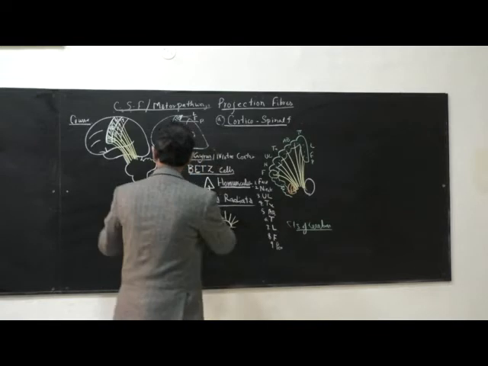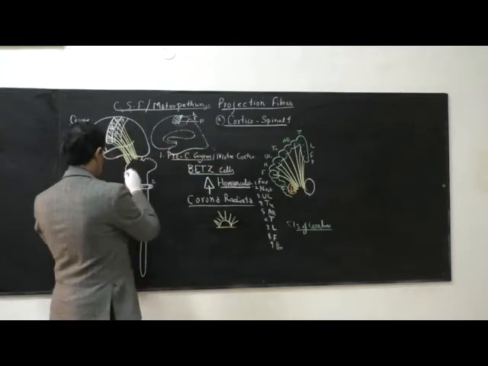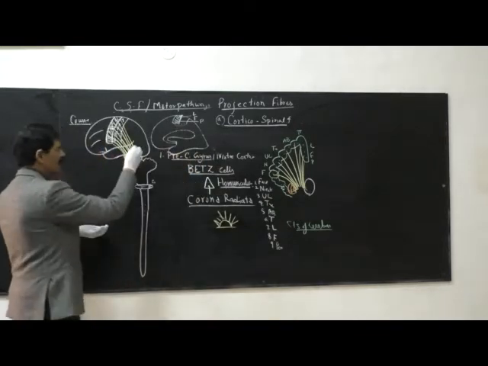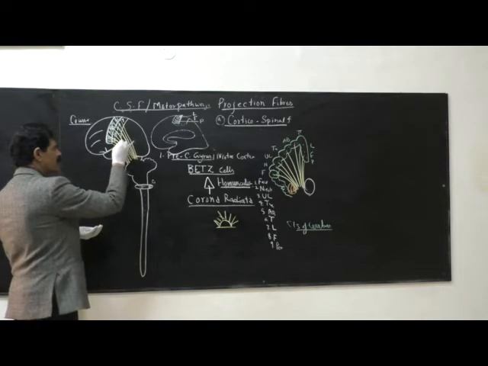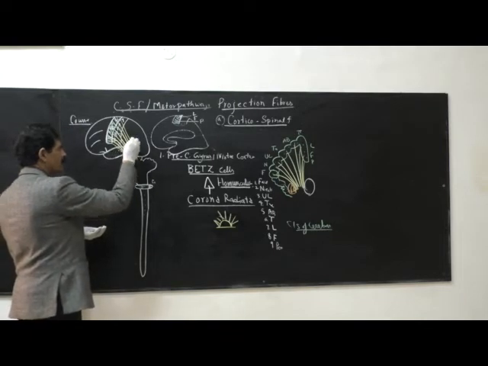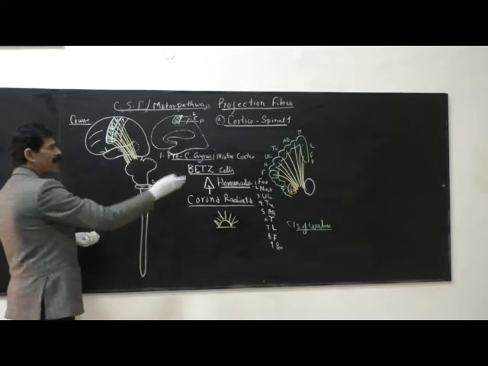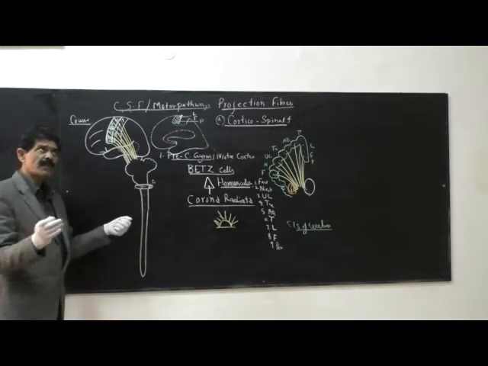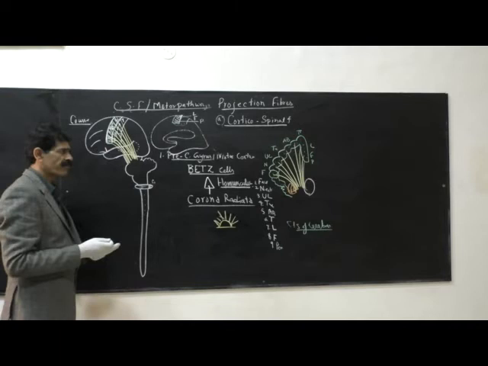So as they descend downwards, they become very narrow and they lie lateral to the thalamus but medial to the lentiform nucleus. So they are sandwiched or squeezed between them.